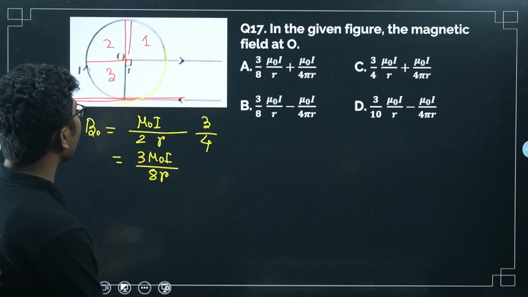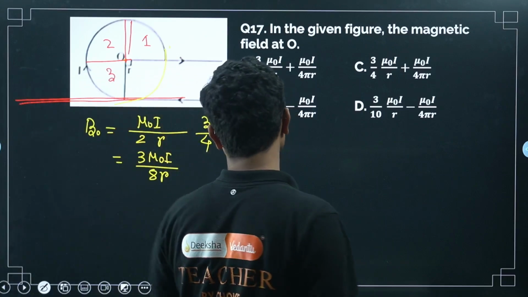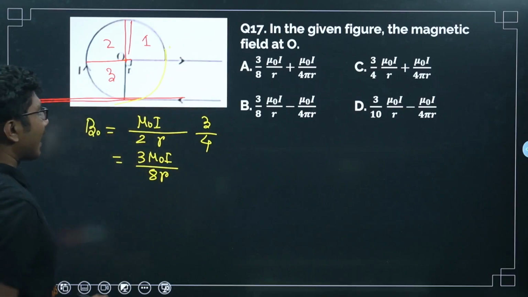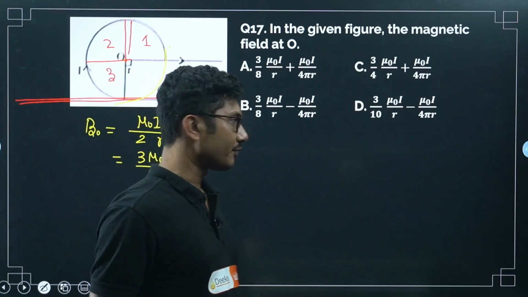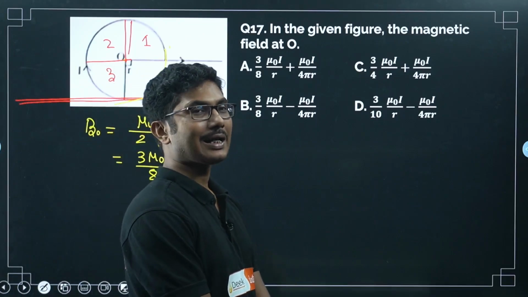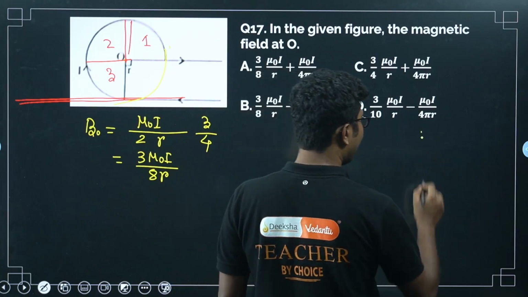Now you have to calculate the magnetic field due to this wire. To find the magnetic field due to this wire, I have doubled this wire, so the actual magnetic field will be half of that. For a single straight current carrying conductor, what was the magnetic field? If you forget, I am giving you a way to remember that.